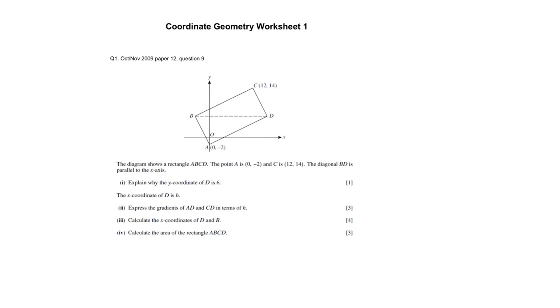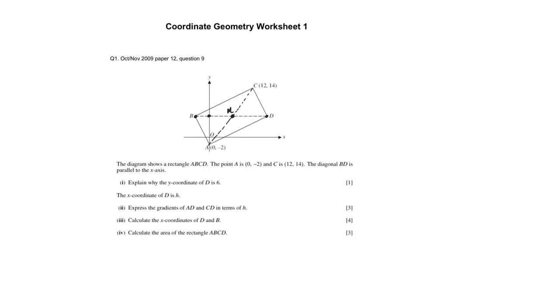One thing is for sure, that B and D will have the same y coordinate because they lie on this horizontal line which is parallel to the x-axis. Now if you draw our diagonal from A to C, the midpoint will also be lying on this horizontal line.